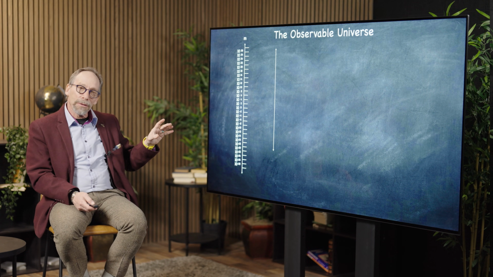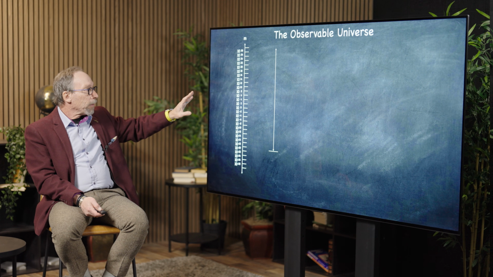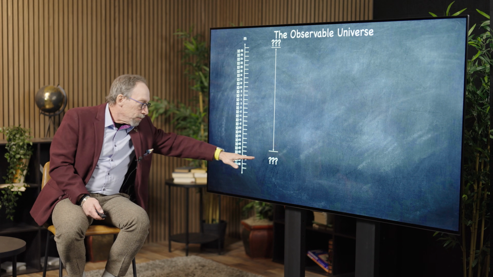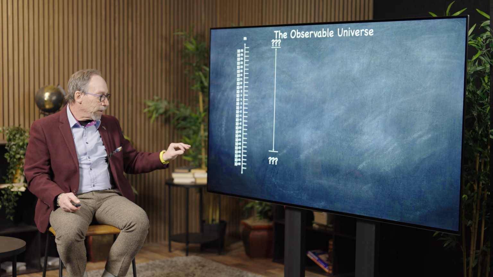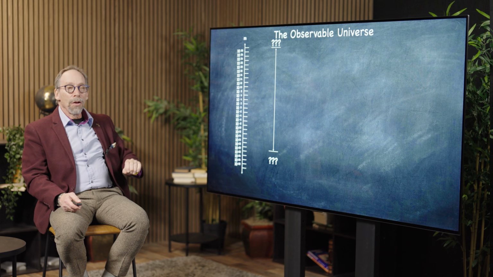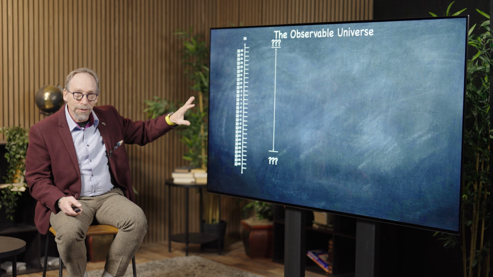What's fascinating about that universe is over all of these scales, the visible universe, it turns out below this scale, of course, we have only theoretical ideas of what exists. And above that scale, we have only theoretical ideas of what exists, because physics is an empirical discipline.